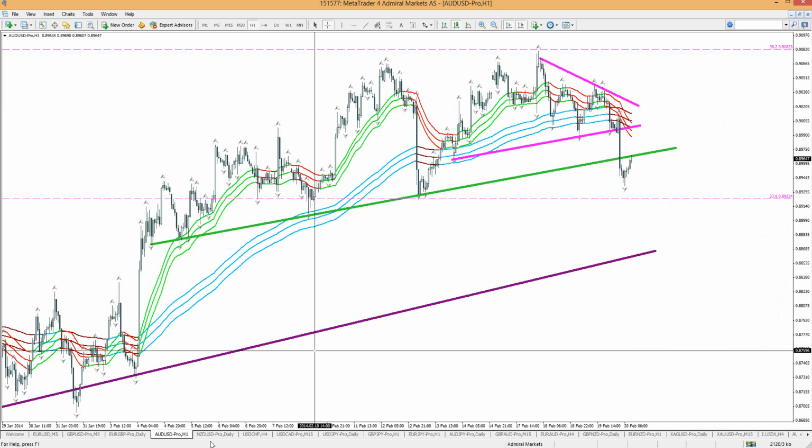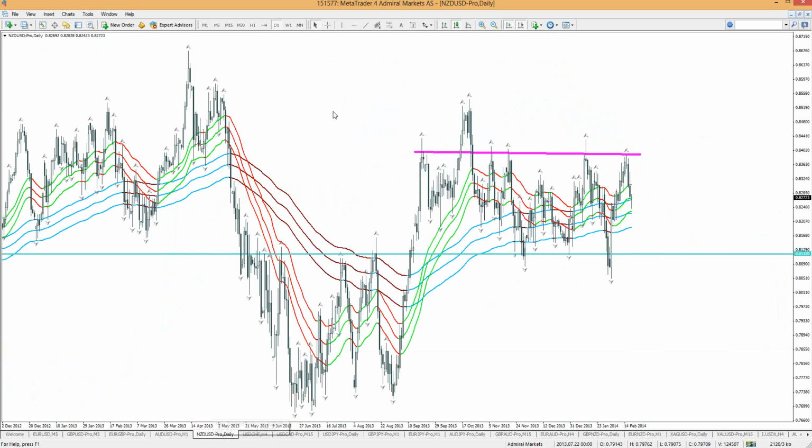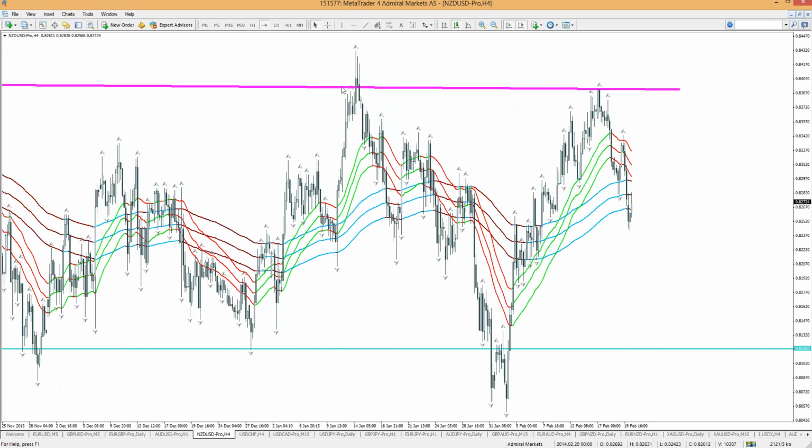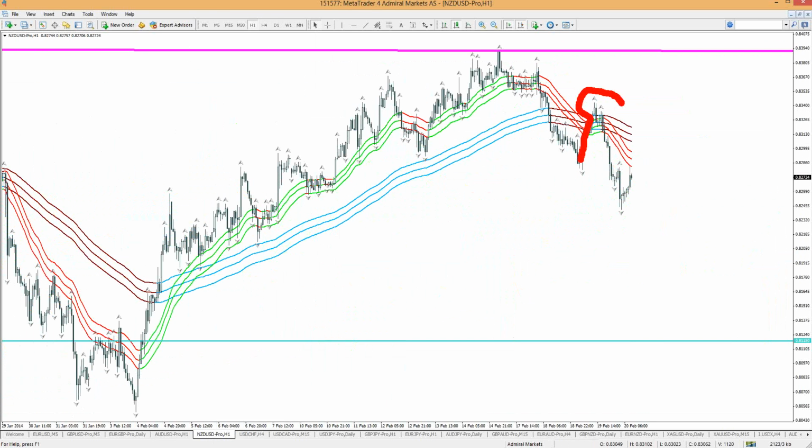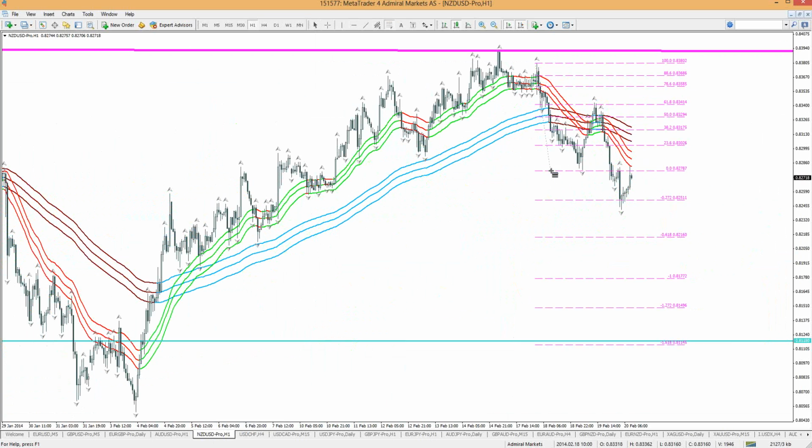Let's take a look at Kiwi. Yesterday we were looking at the Kiwi and said this upside is probably a retracement and it could stop somewhere in here. Roughly, of course, that's not too precise. What I should have done is added a fib, and we would have seen that the 61.8 is a decent level, or the 78.6 for that continuation, and we got the trade down to the minus 272.